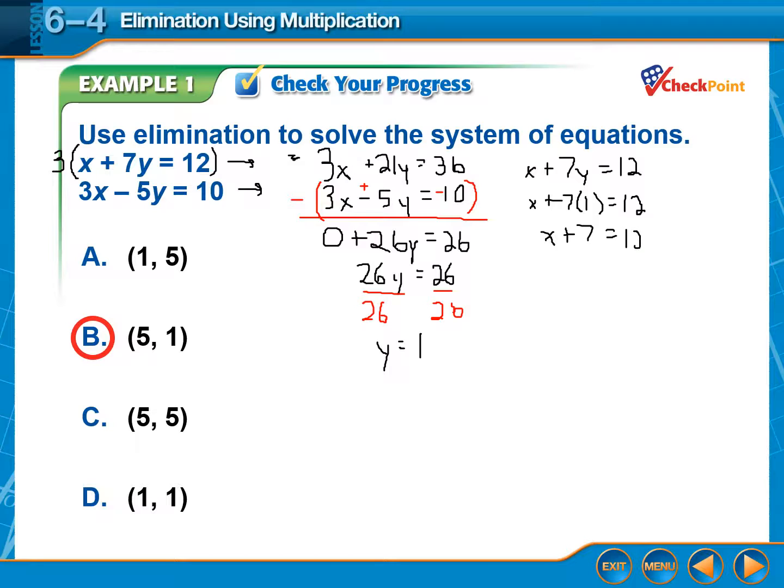And then to solve for x, since I'm adding 7 on the left, I'm going to take it away. So I take away the 7 here, take away the 7 here, which leaves me with x is equal to 12 minus 7, or 5. So x is 5. Which gives me a solution to my system of 5 and 1, which was B.